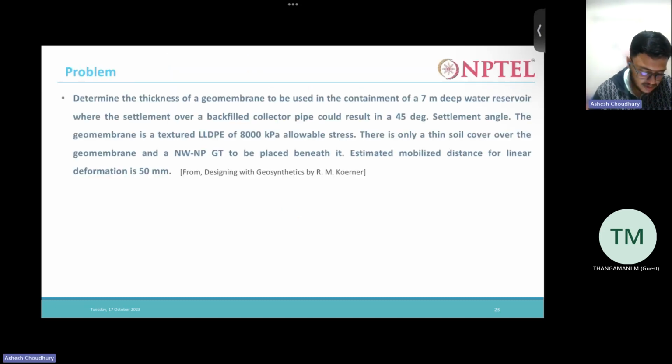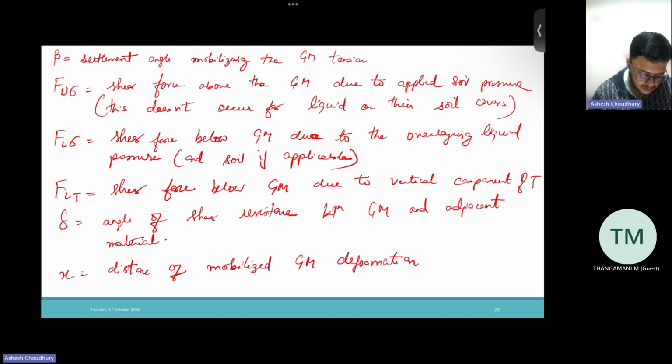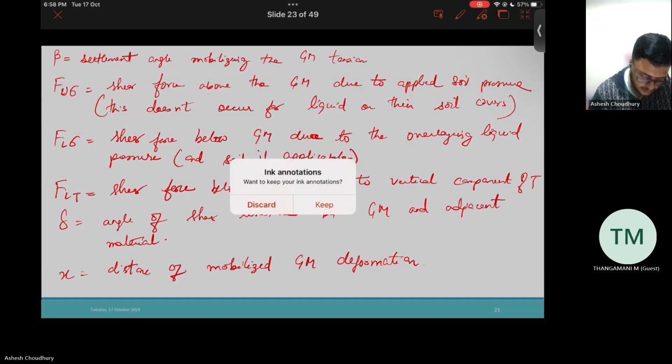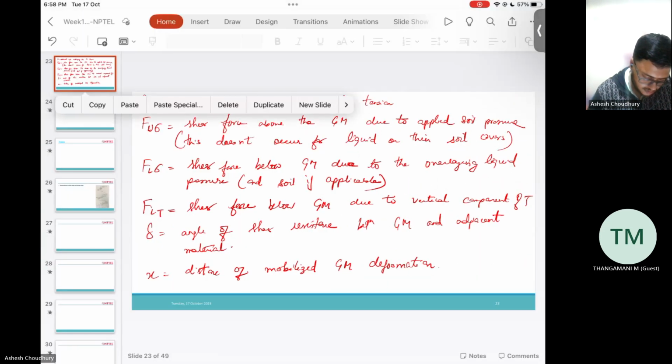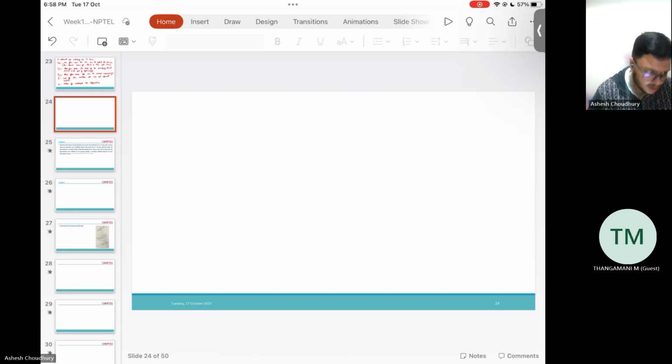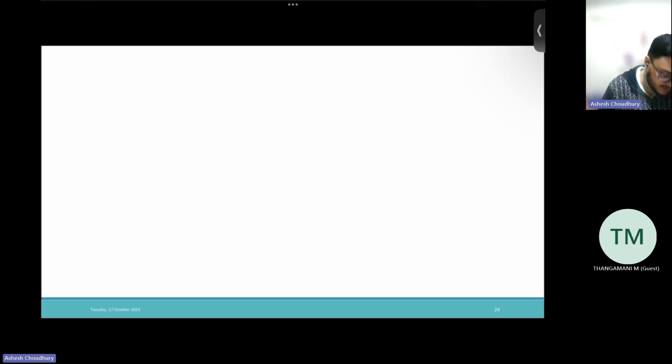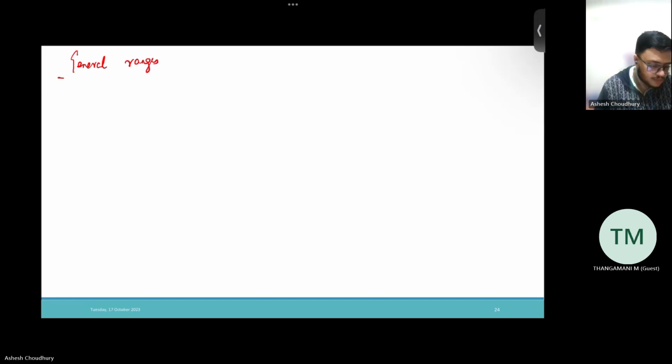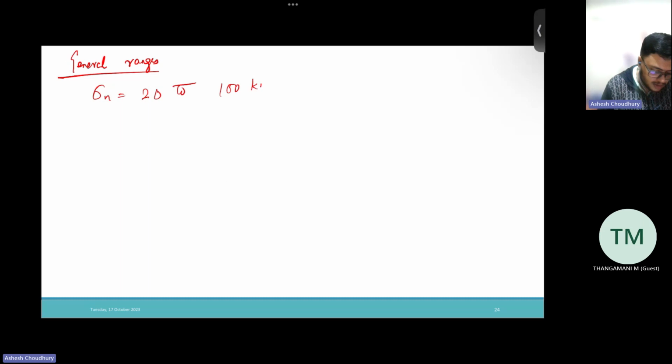One more thing, I will give the general ranges also. So what are the general ranges of these values? Sigma n is generally 20 to 100 kPa.